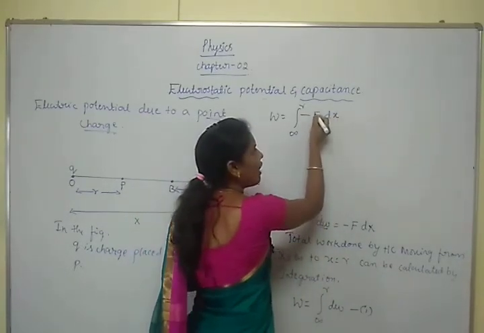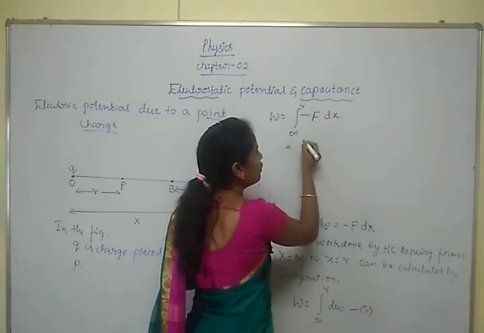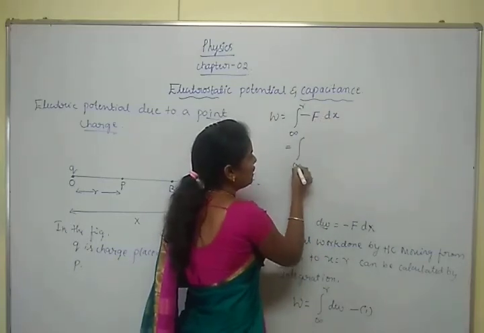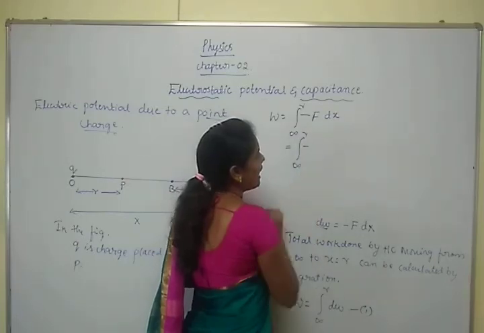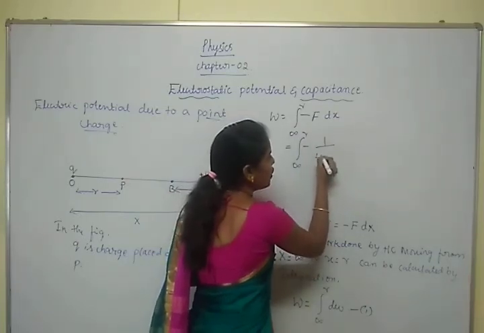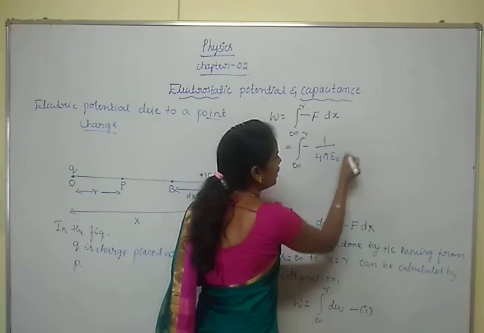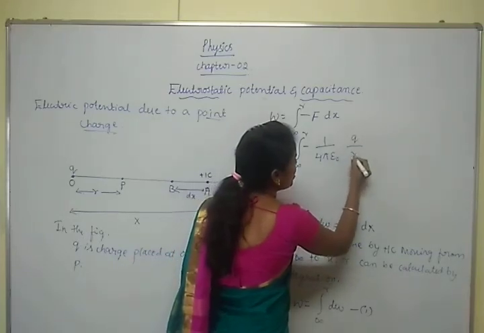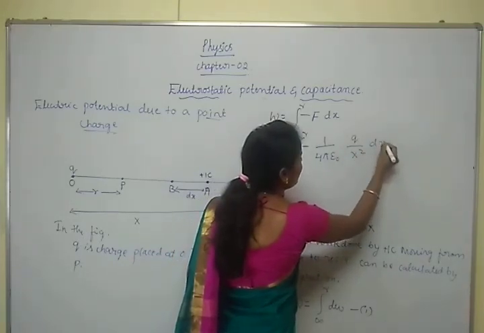Substituting the value of F by Coulomb's law, W equals the integral from infinity to r of minus 1 over 4 pi epsilon naught Q divided by x square dx.